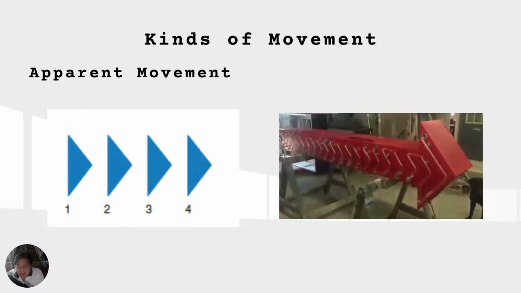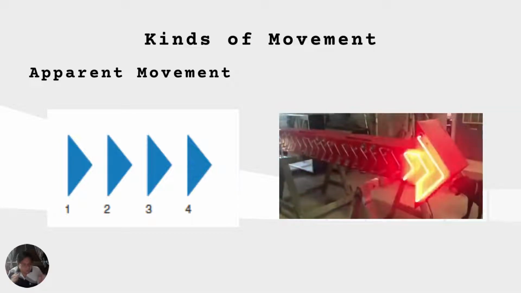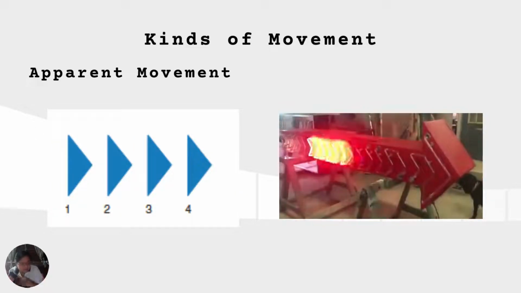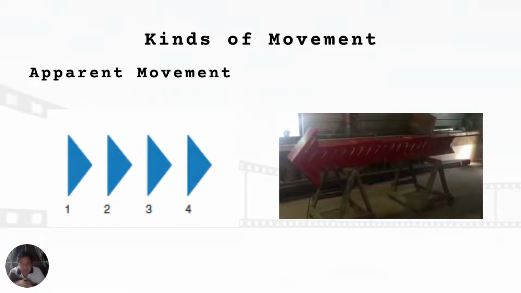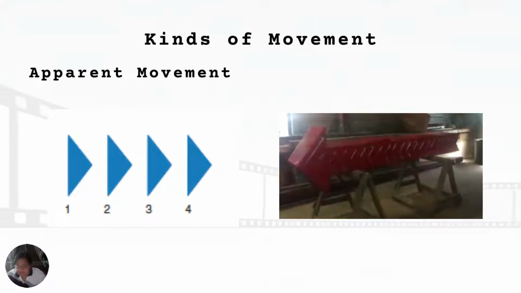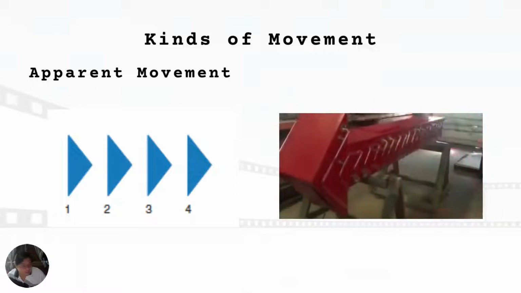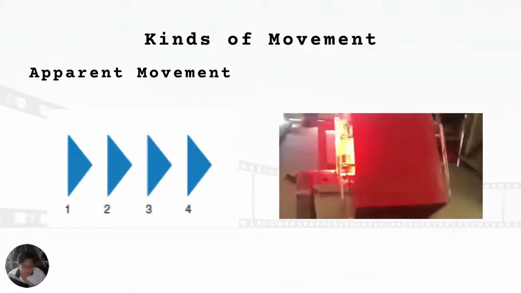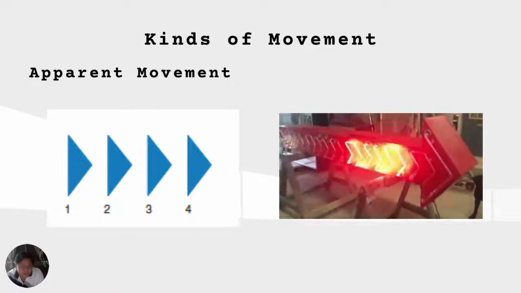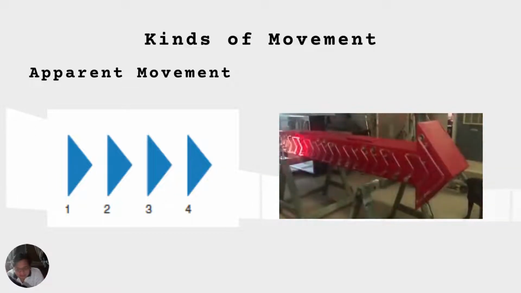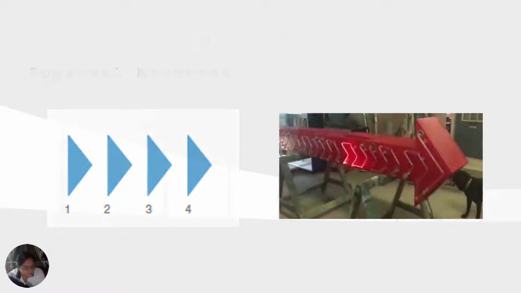The movement is apparent, not because the arrow is actually moving, but because of the sequence. There is no actual movement at all. It's only a series of rapidly changing stationary pictures. Okay? So it's the same concept in film.